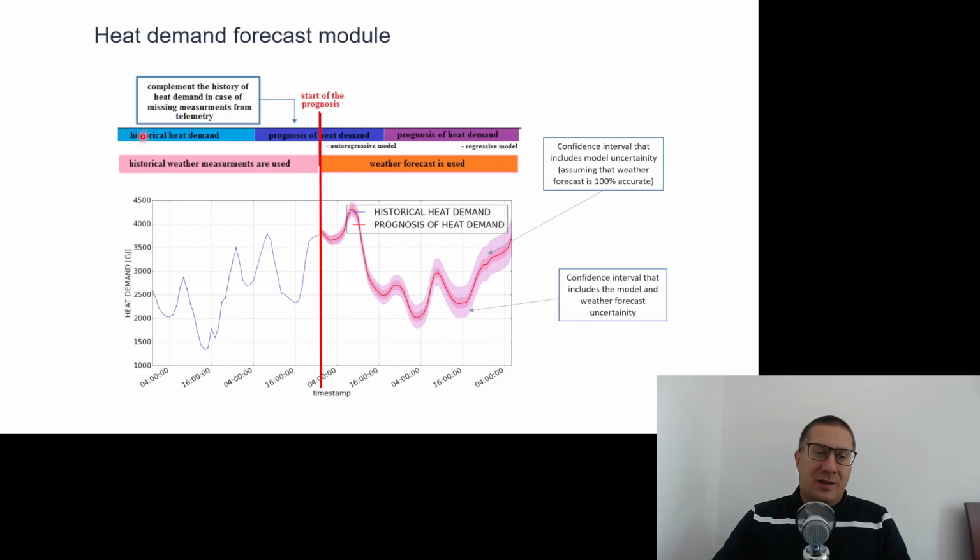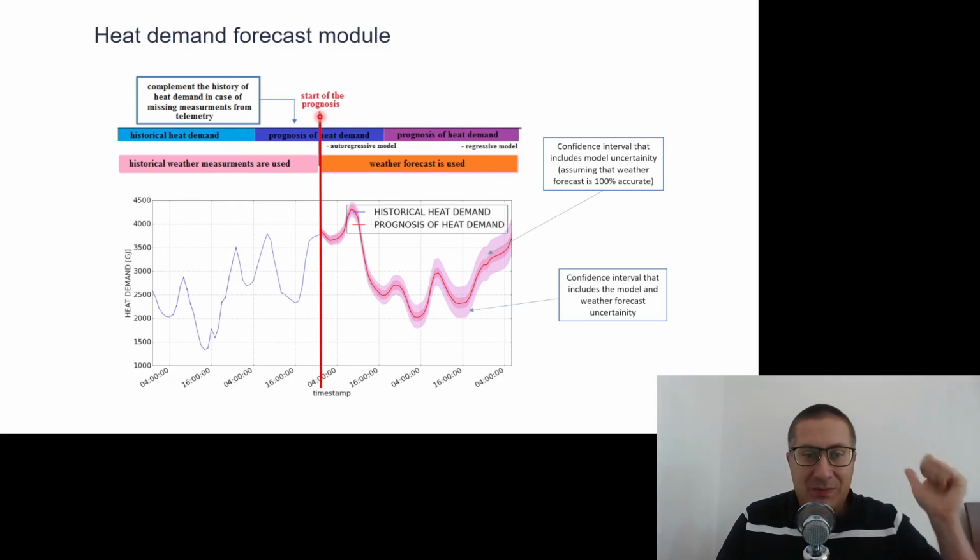Here, we had a case where the historical heat demand was measured up to some moment in time, and then we didn't have this historical heat demand. So at the time when we start the forecast, we don't have, let's say, the heat demand from the previous hours. We have the heat demand from, I don't know, 6 hours back.